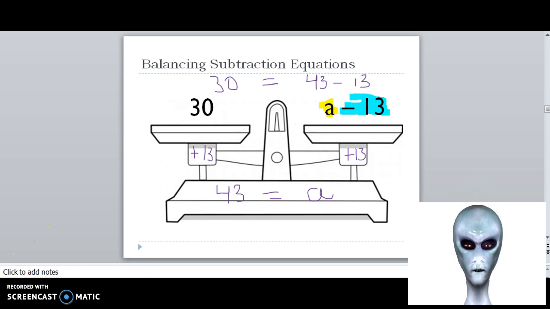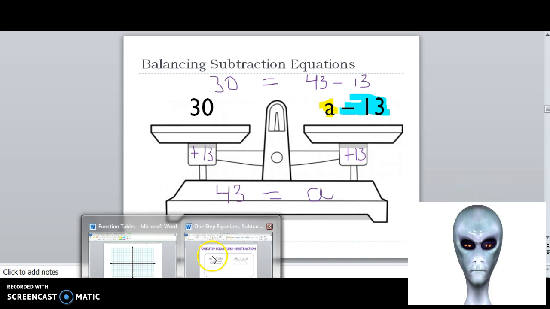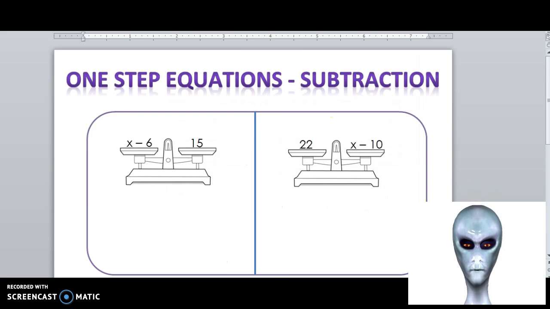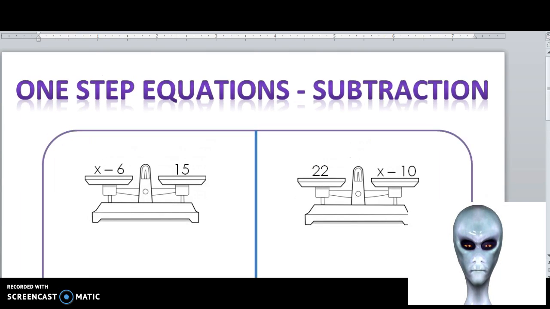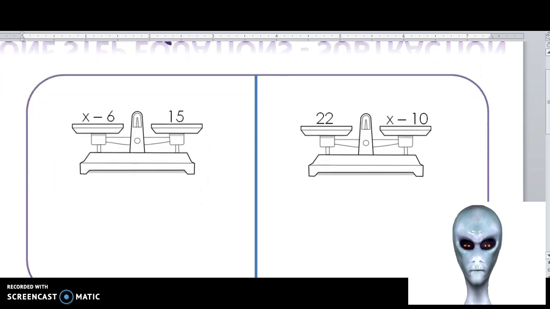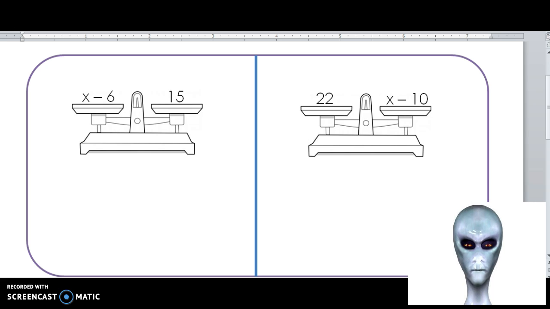Okay, I want you to take out your graphic organizer and let's do some examples on here. In my first example, x minus 6 has to balance with 15. X is my variable, minus 6 is my term.